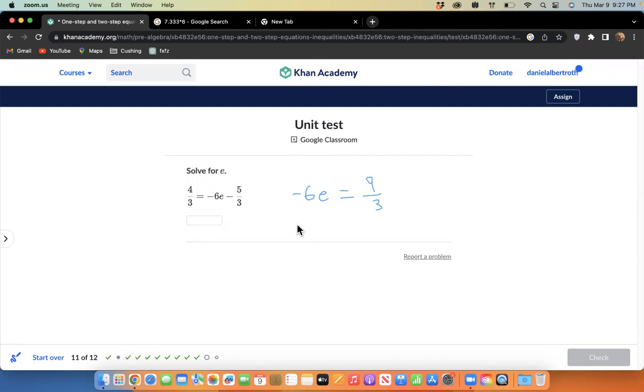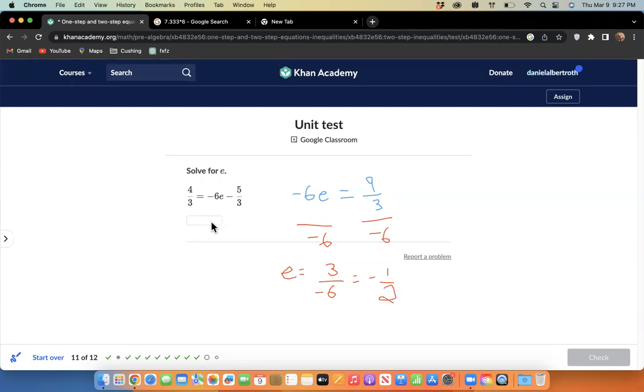I guess I'll change color. So the -6's cancel here, so I have e. My answer equals 9/3, which is 3, divided by -6. 3/6 is a half, but this is negative, so it's going to be -1/2. I bet it's going to take -0.5 as well. No, it says put it as a fraction, -1/2.